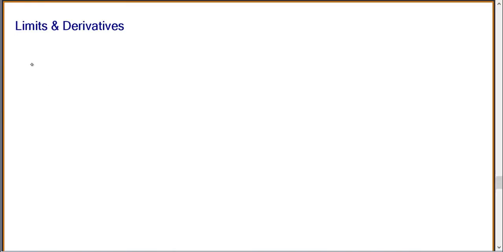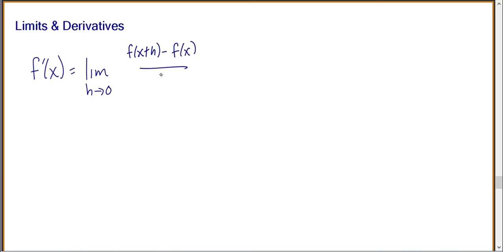Okay, so officially, f prime of x, we're not going to do anything new, we already did this in our last section, but it's just more official now, is going to be the limit as h approaches 0 of your difference quotient, which is f of x plus h minus f of x all over h. So once again, we already learned the difference quotient, but we just said let h get really small. Well, now we can say it's the limit as h approaches 0. So if you take that limit, you get your actual derivative.